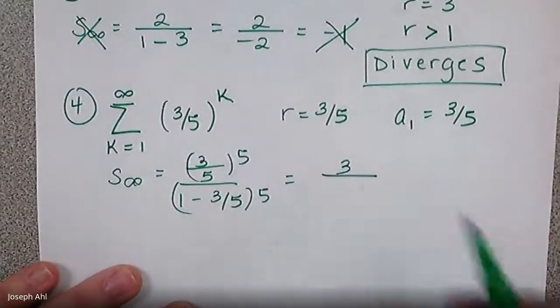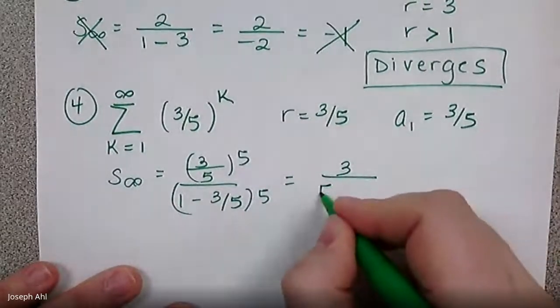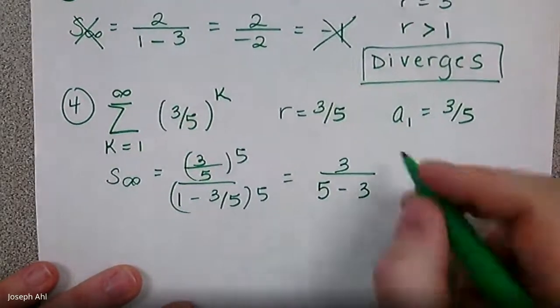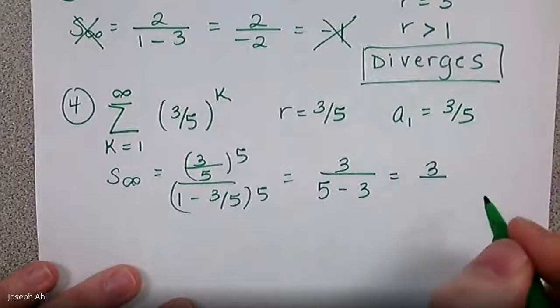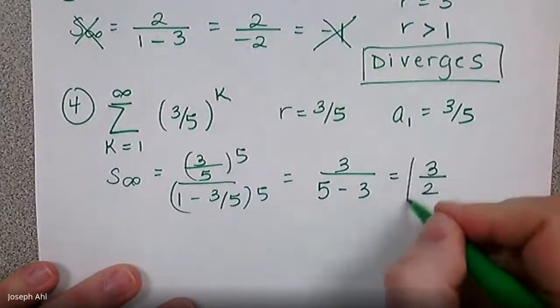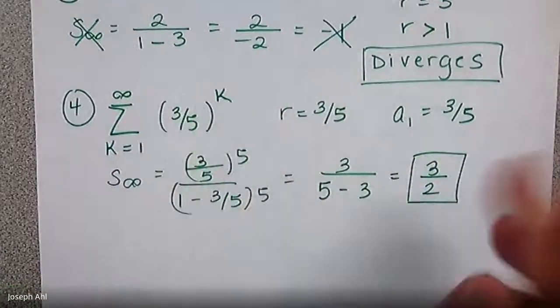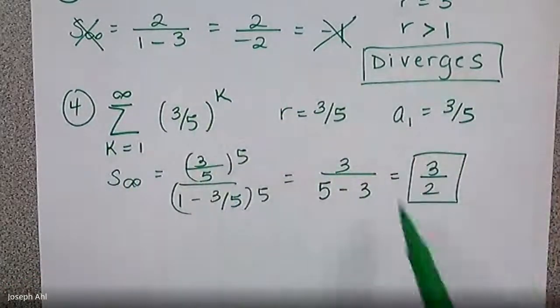So then the top is 3. The bottom is 5 minus 3, which is going to be 2. So the answer here is 3/2. And I just think it's so fascinating that, thinking about the series, adding up all those terms infinitely, we're converging to this value of 3/2 right here.